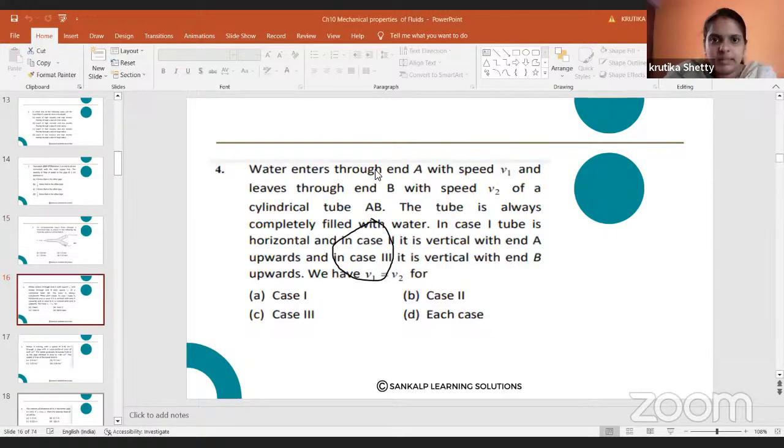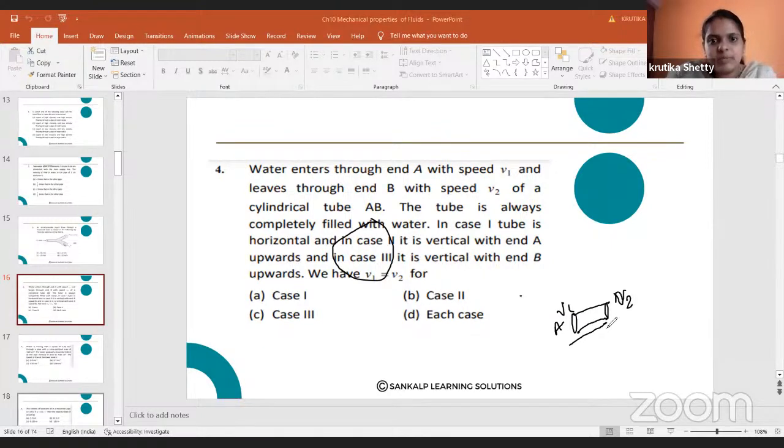The question is: water enters through end A with speed V1 and leaves through end B with speed V2 of a cylindrical tube. If you consider one cylindrical tube, water is entering through A with a speed of V1, and leaving through B with the velocity of V2.